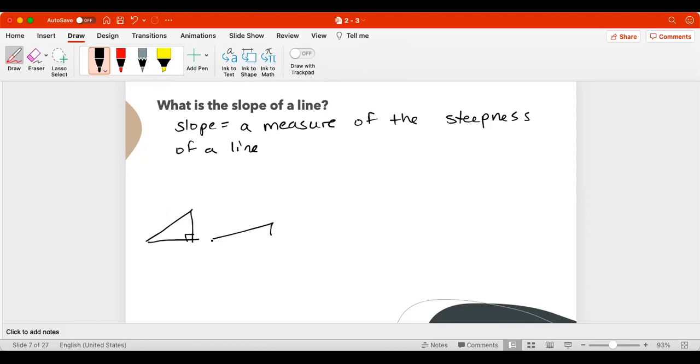Maybe this one's the second ramp. And then let's say this is the third ramp. And then let's also do a decline. I'm going to try to make these as straight as possible.